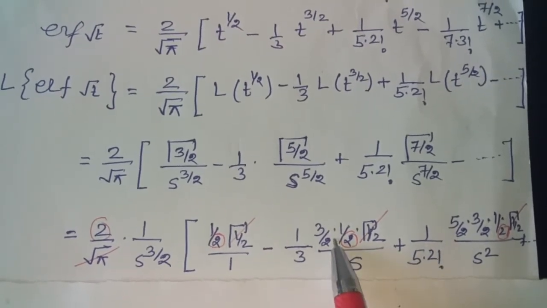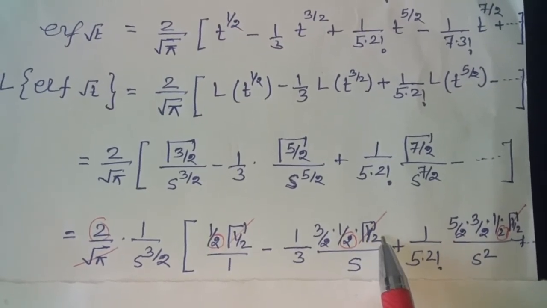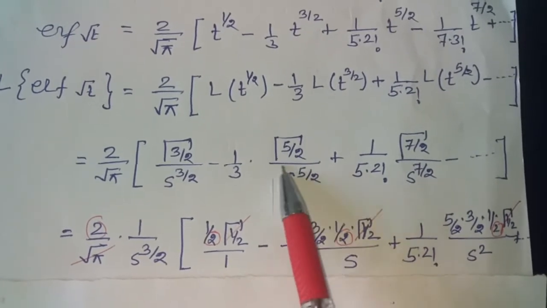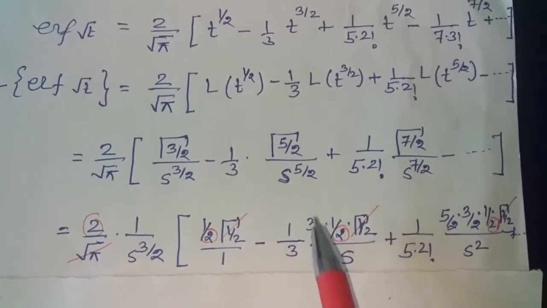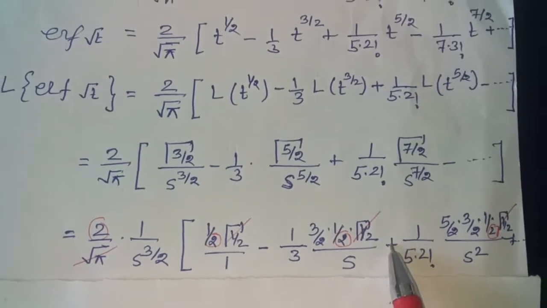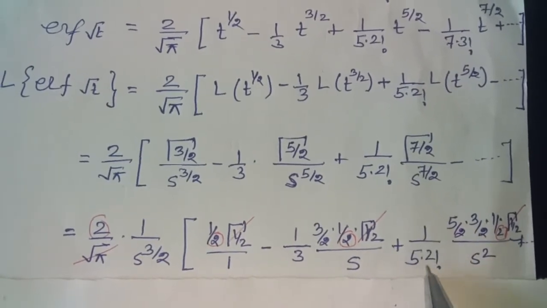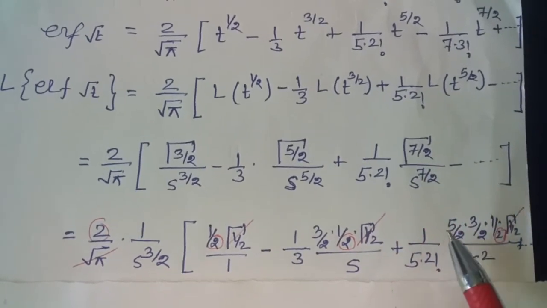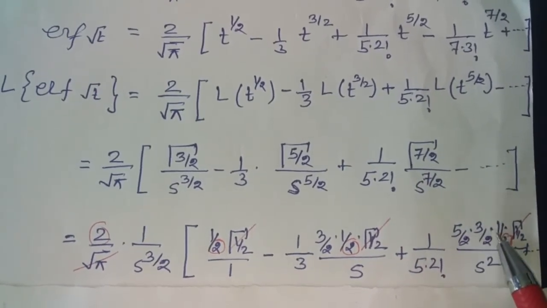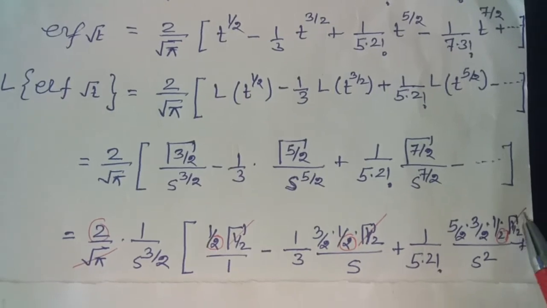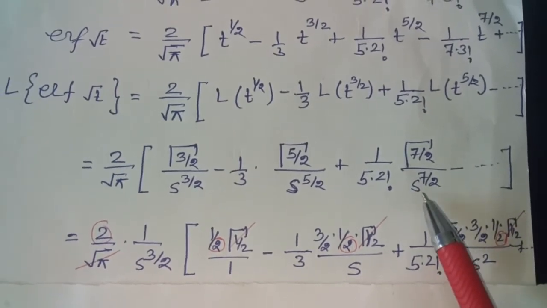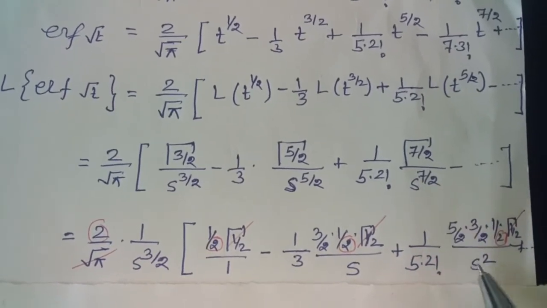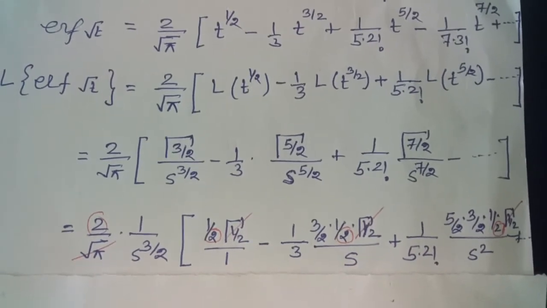Here we have 3 by 2, 1 by 2 gamma 1 by 2. S power 3 by 2 common, so remainder is s plus 1 upon 5 into 2 factorial. Here the expansion of gamma 7 by 2 gives 5 by 2 into 3 by 2 into 1 by 2 into gamma 1 by 2. And s power 3 by 2 common, so remainder is s square plus so on.